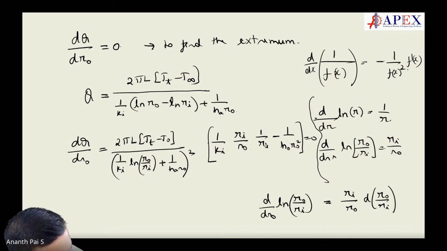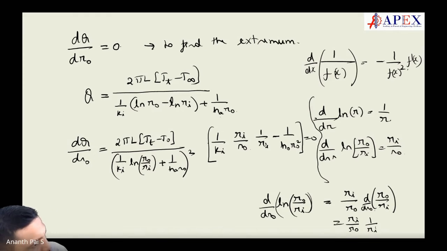What is d of log of R naught by ri? So what you will get? R naught will go as 1, so 1 by, or d by dr naught. Make sense?